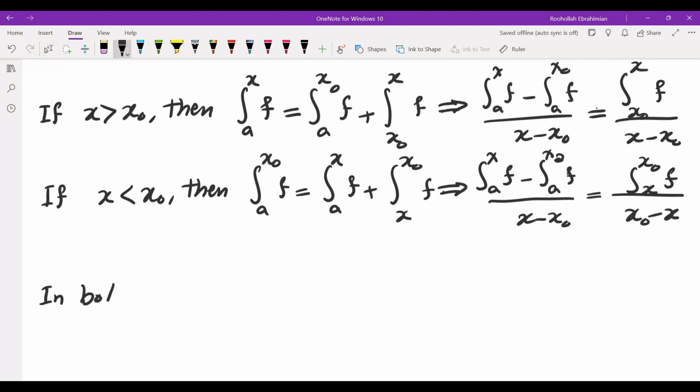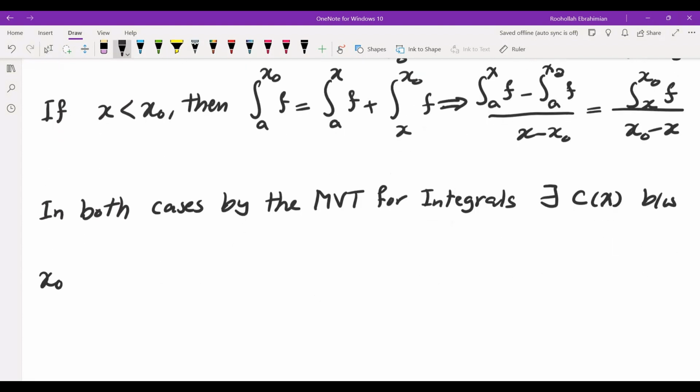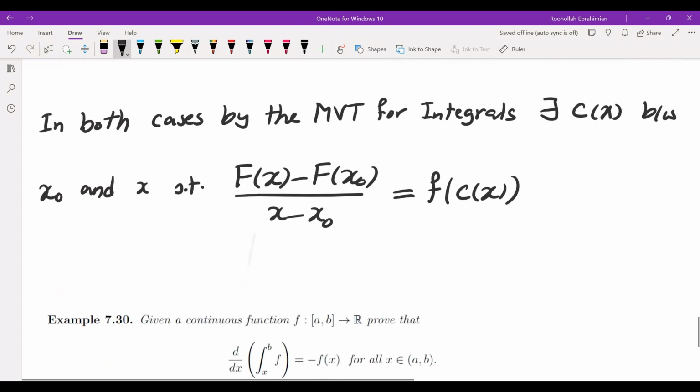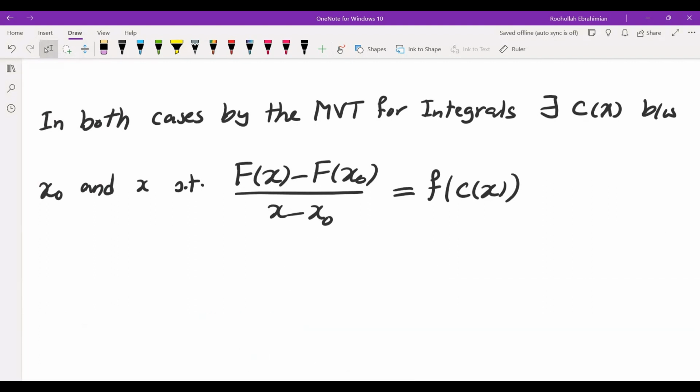In both cases, by the mean value theorem for integrals, there is some c of x between x naught and x such that this fraction, which was F of x minus F of x naught over x minus x naught, is equal to lowercase f of c of x. So in both cases we have that.